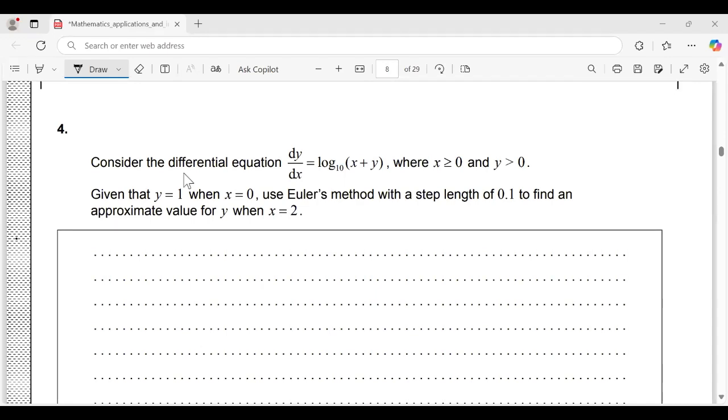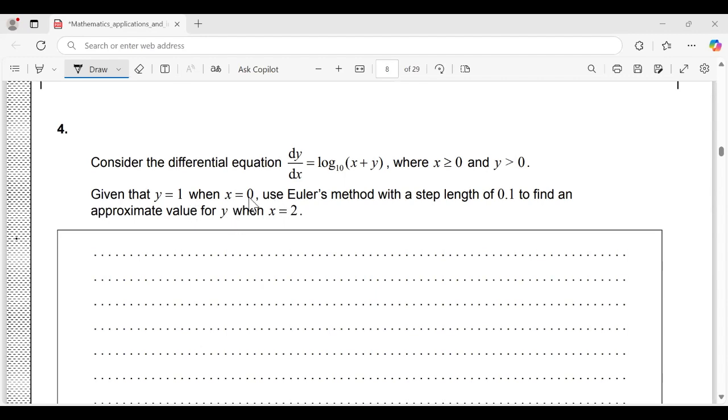Number 4, consider the differential equation dy/dx equals log10(x plus y), where x is greater than or equal to 0 and y is greater than 0. Given that y equals 1 when x equals 0.